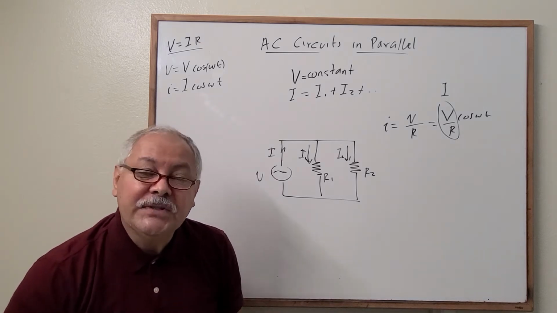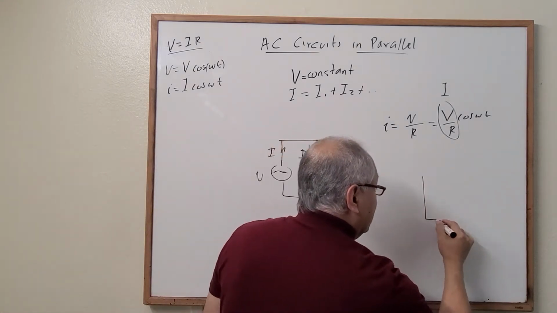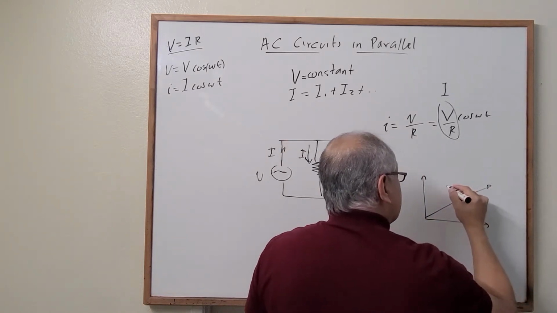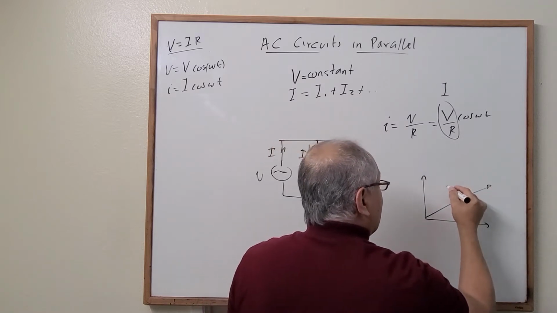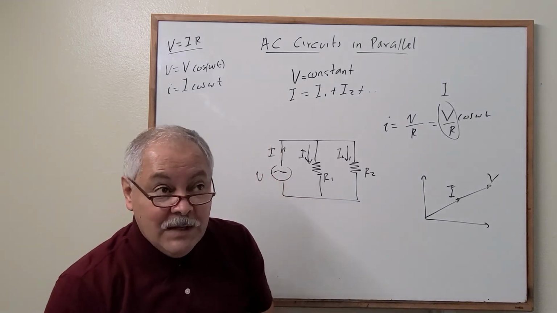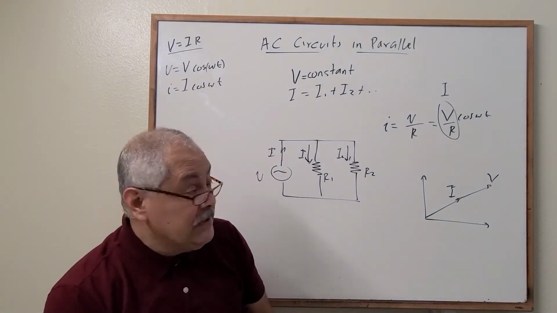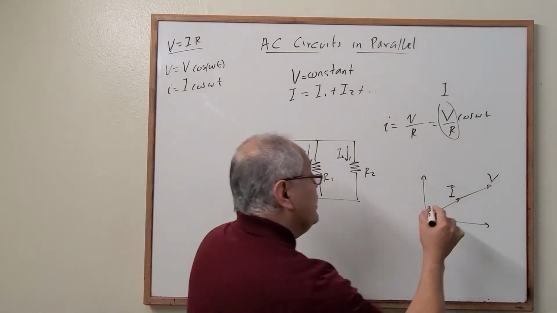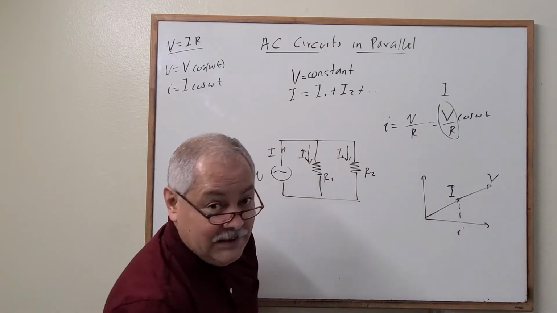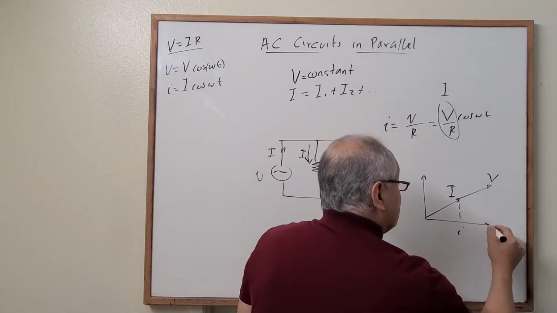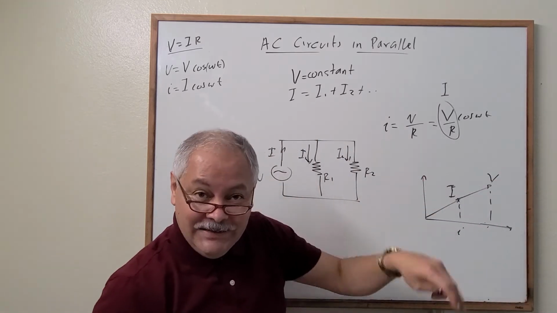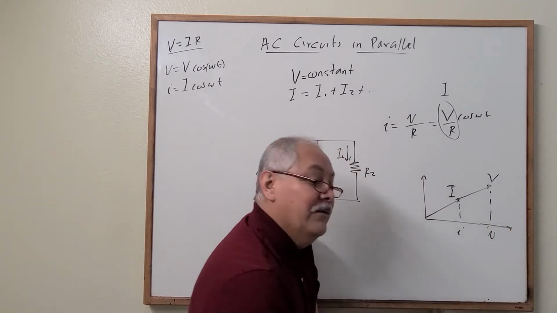And what should be the phasor diagram? Imagine this is the current and this is the voltage. Remember, as we did for circuits in series using AC current, the projection of the maximum current onto the x-axis is the instantaneous current, and the projection of the maximum voltage onto the x-axis is the instantaneous voltage.